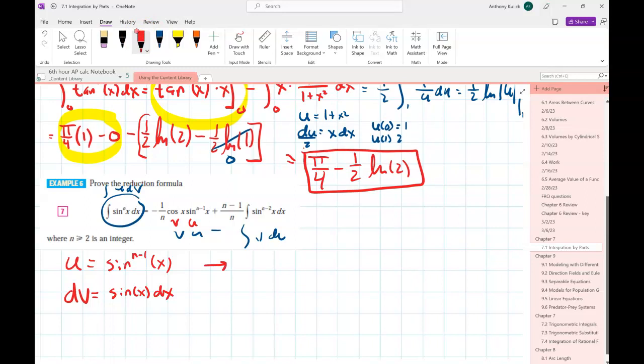All right. So what is the derivative of sine to the n minus 1 x? N minus 1, cosine x, sine n minus 2 x, and then dx.